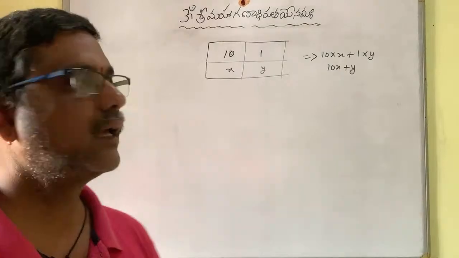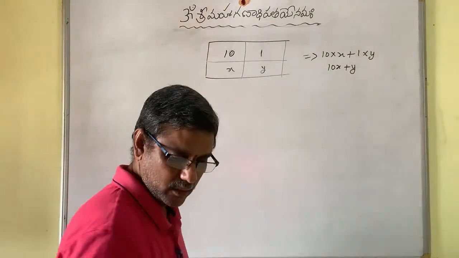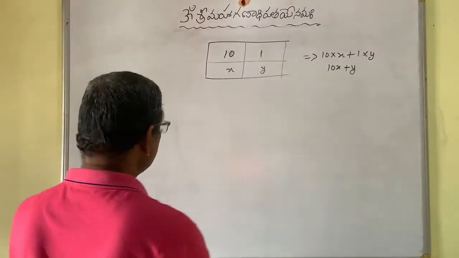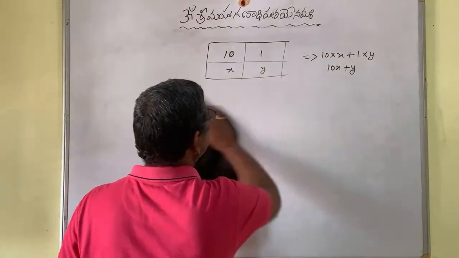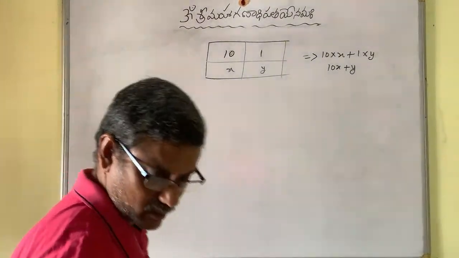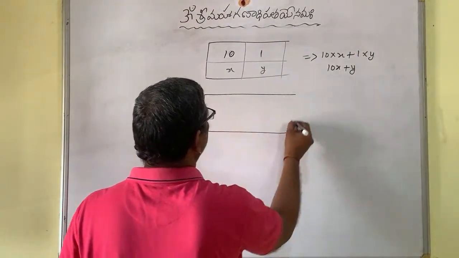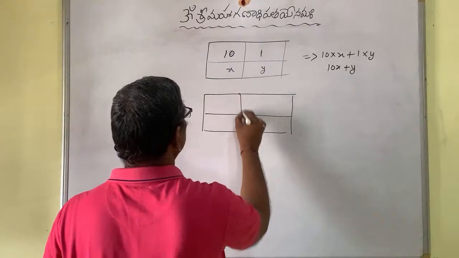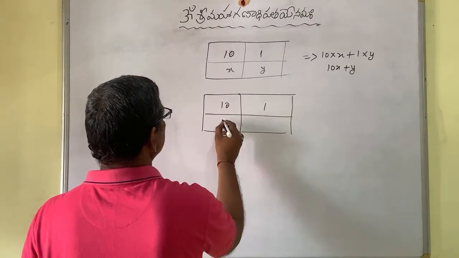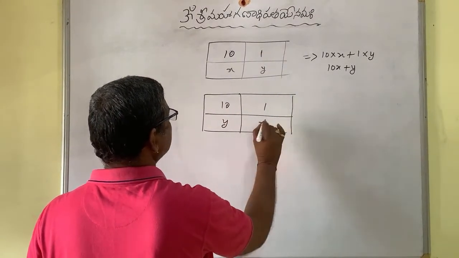Okay? And the reversed number means reversing the order of the digits. Tens, ones. So here y comes and here x.